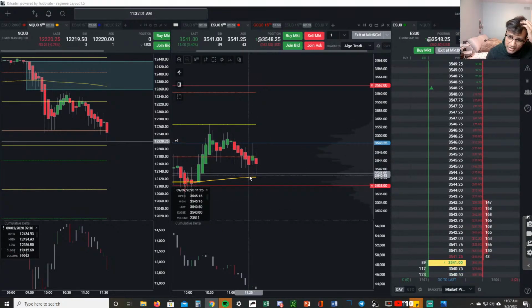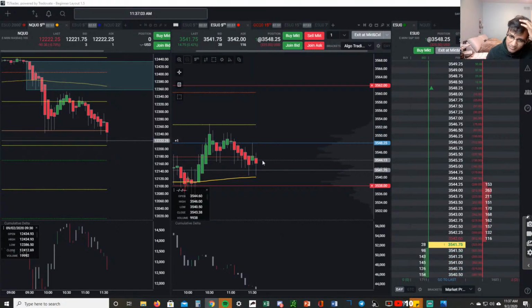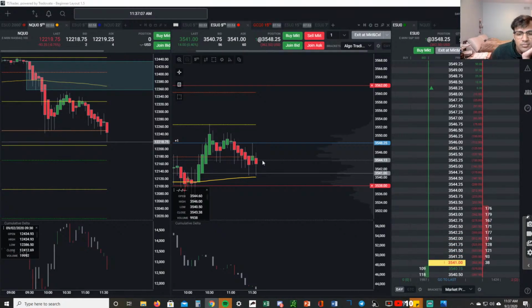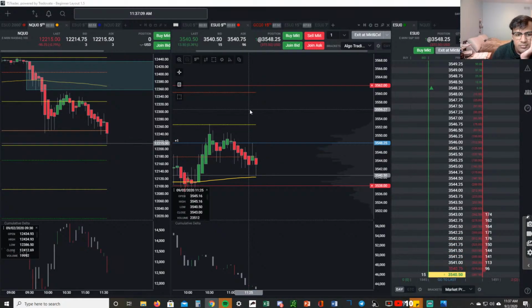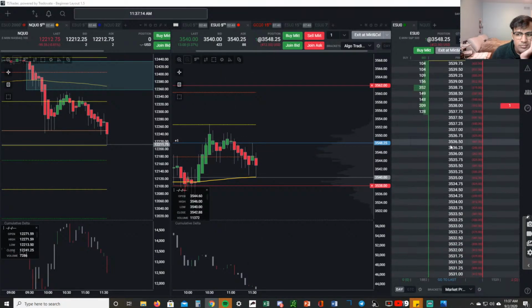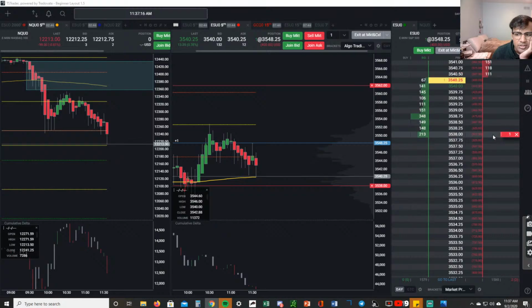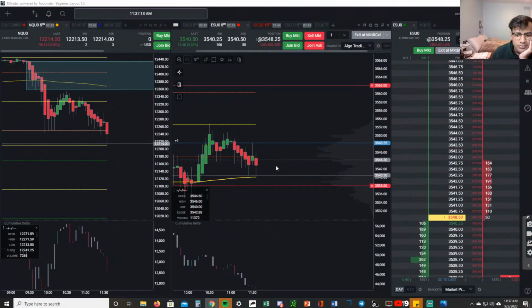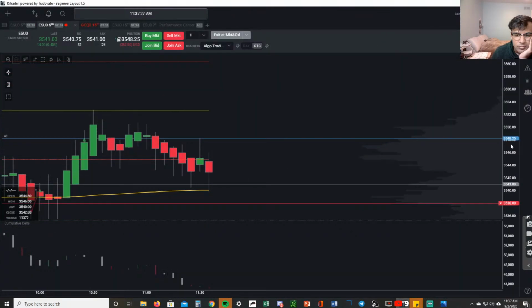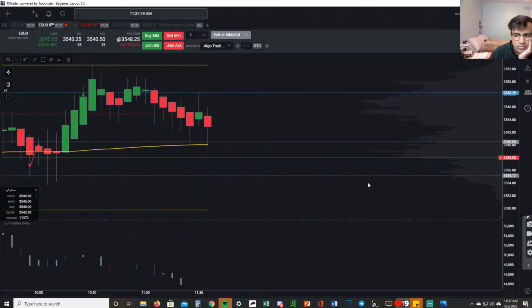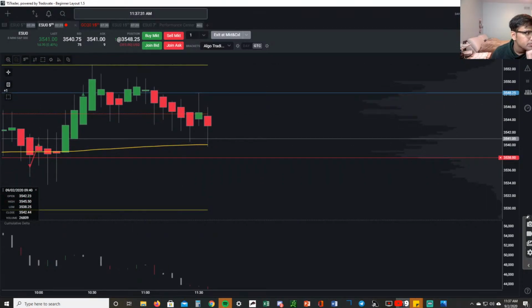Getting that big push down again. I'm getting close to our stop here. Very close. Stops at 38.